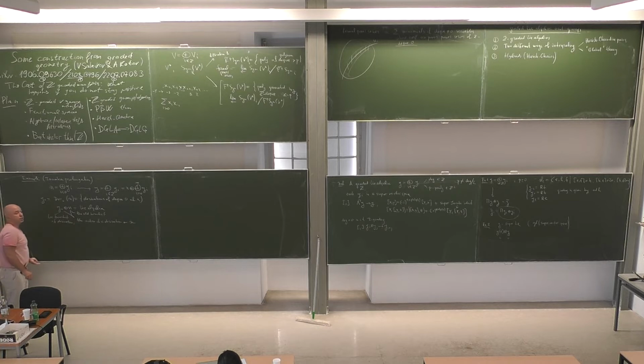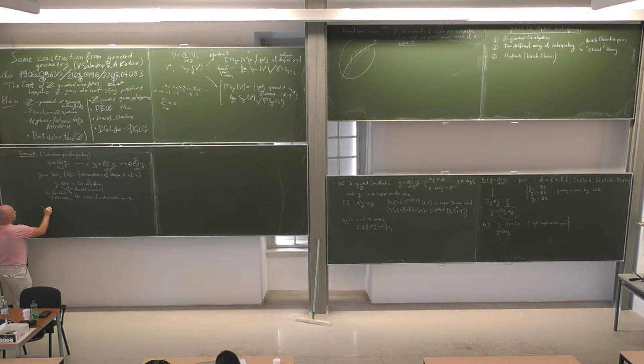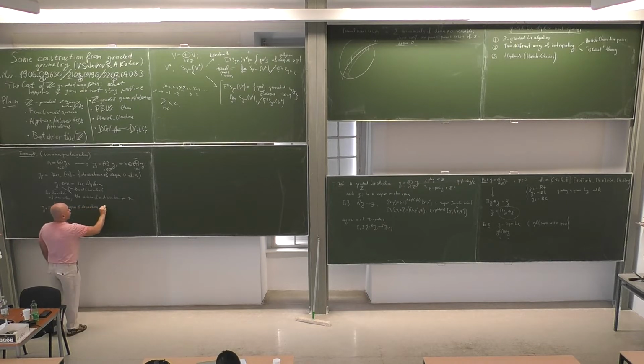Now, how to construct g1? There's a canonical procedure. g1 will be the set of derivations of degree 1, which act from n to n plus g0, and that's all.